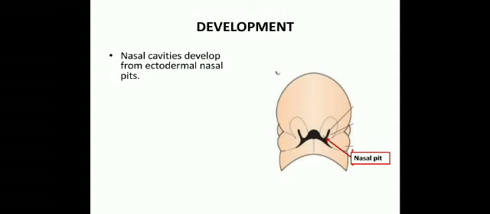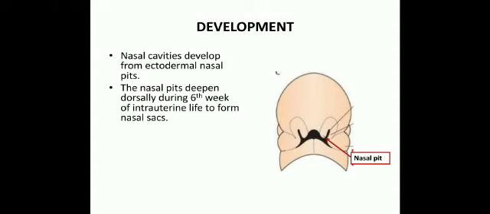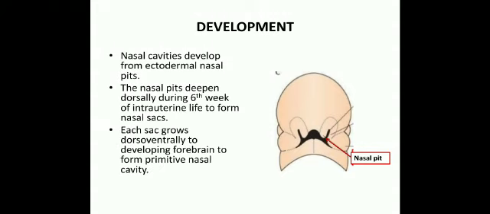At the end of the 6th week this membrane ruptures to form the primitive choanae, and that is how they communicate with the primitive oral cavity. The external openings of the nasal pits persist as the external nares.